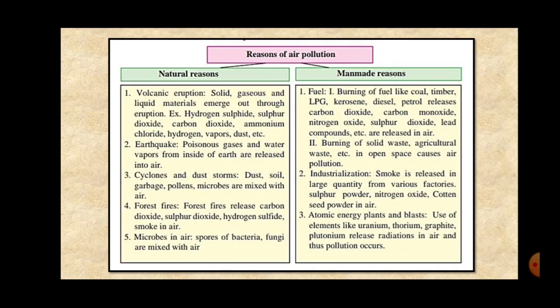They remain in the atmosphere for a very, very long time. And in these atomic energy plants, elements like uranium, thorium, graphite, plutonium are used as raw material and they release radiations in the air, and this also leads to the pollution of air.